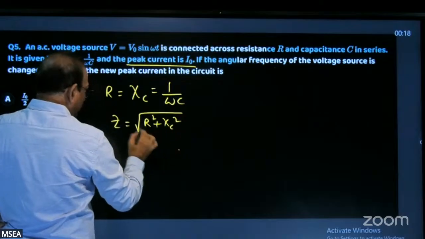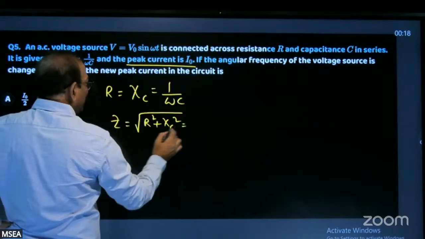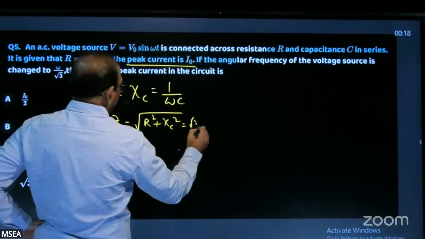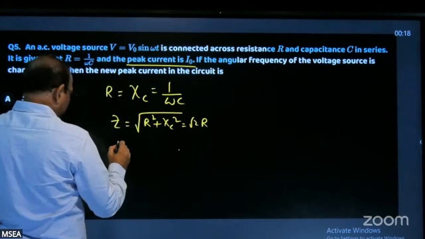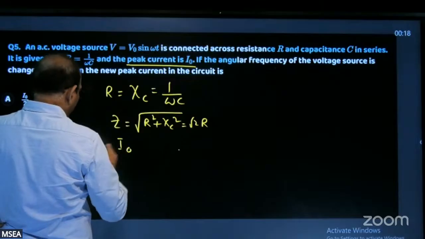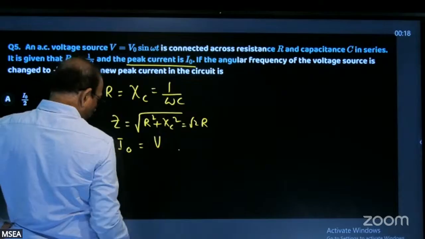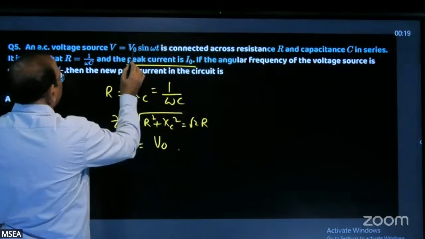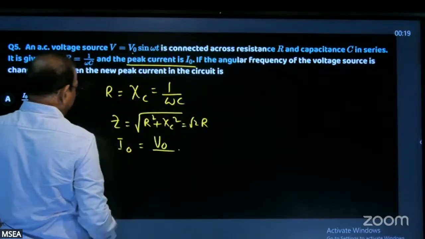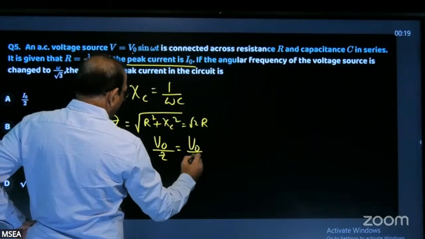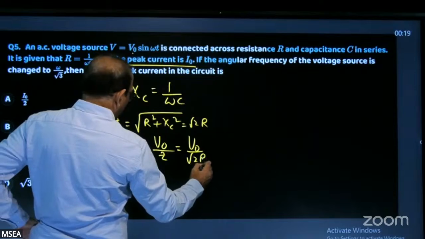But XC is also equal to R only, no? So this will be root R square plus R square, that means root 2R. Then the peak value of current I naught, with maximum voltage V naught, is given by V naught by Z, that is V naught by root 2R.